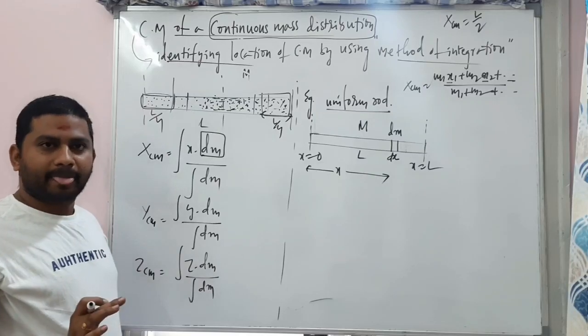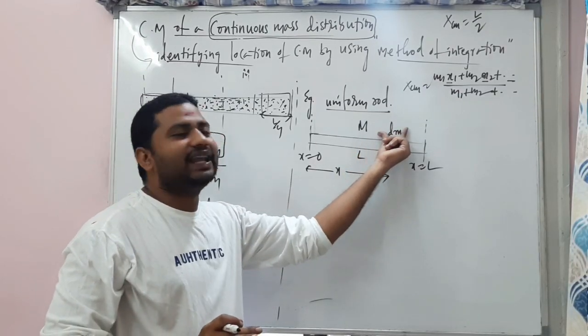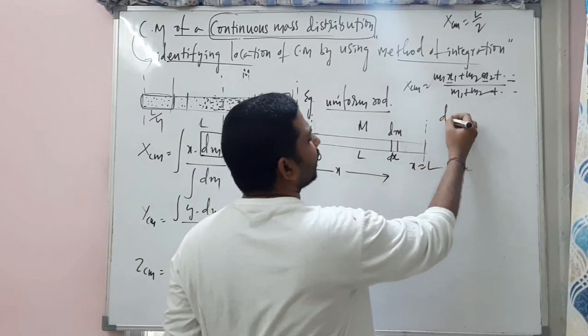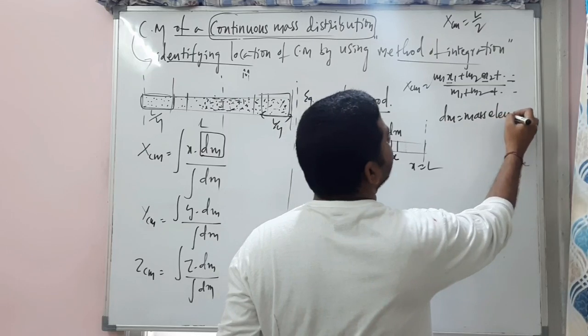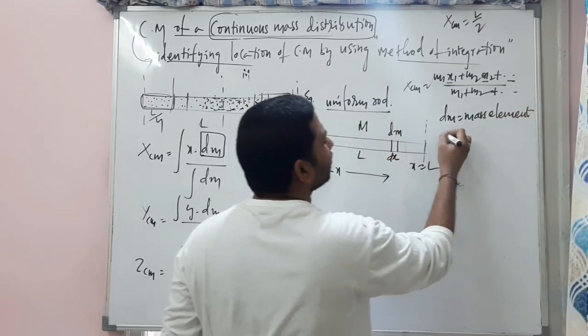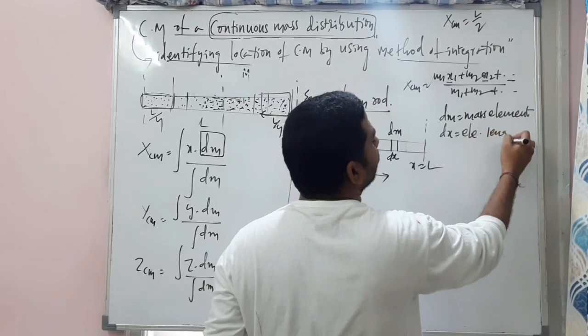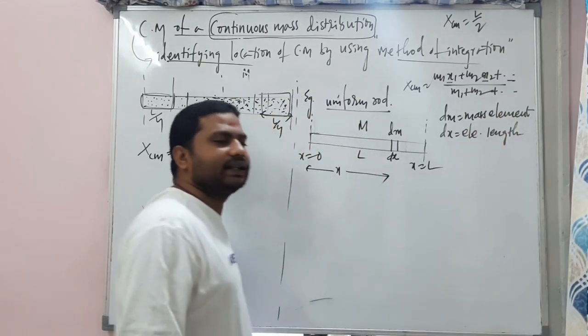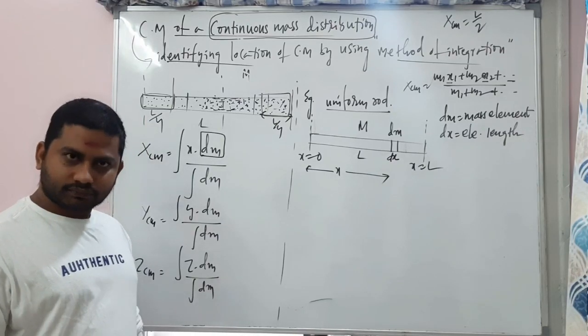So dm is the mass element, and dx is the elemental length. Let's move on.